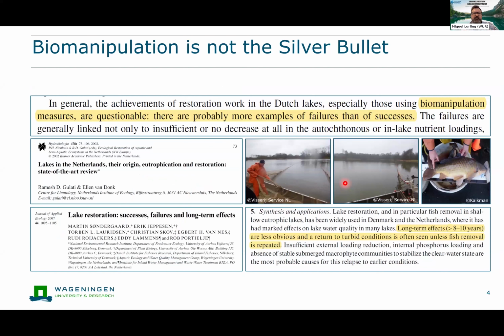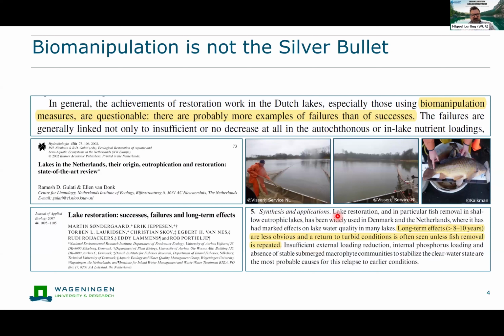In an overview of Dutch biomanipulation projects published 20 years ago by Ramesh Gulati and Tom, they concluded that the efficiency is questionable, and there are probably more examples of failures than of success. One of the reasons for the failures was the insufficient or no decrease of internally stored nutrients, in this case they mentioned phosphorus.